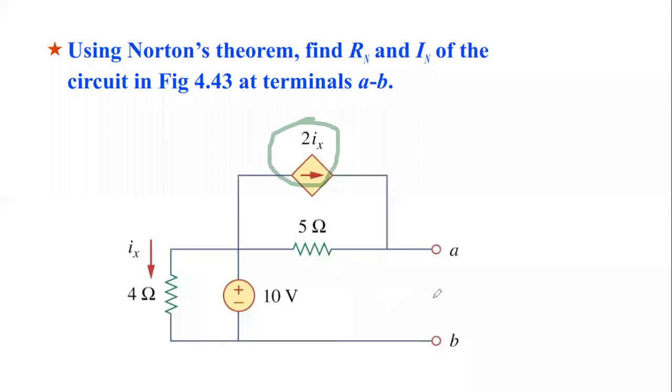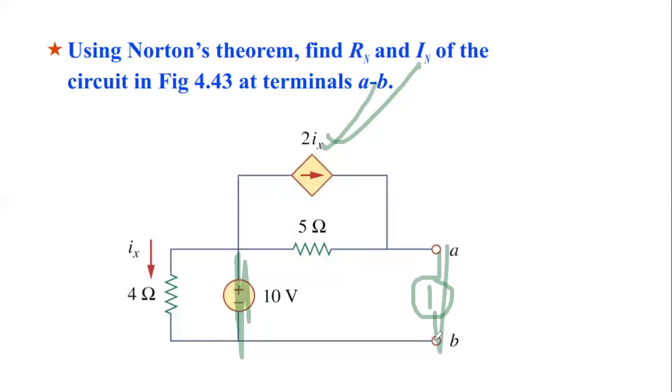So for finding Rn, we will connect a current source here, or maybe a voltage source also, anything. The voltage source will be shorted. Rest of the things will remain the same.